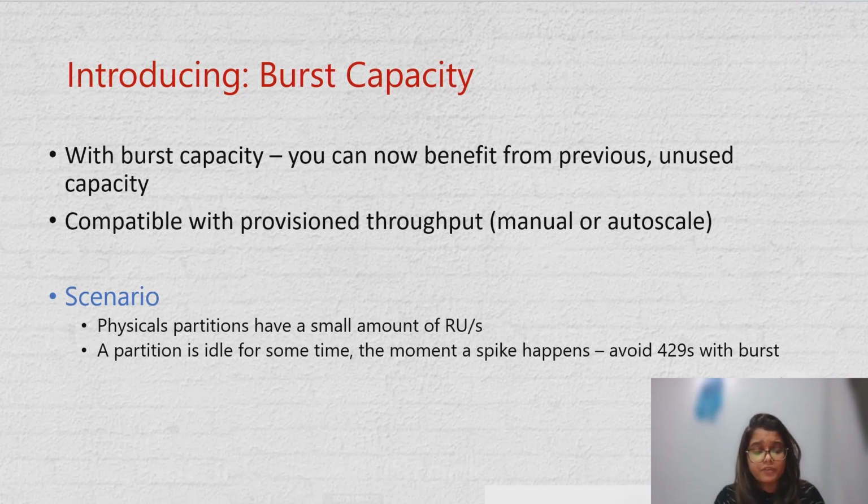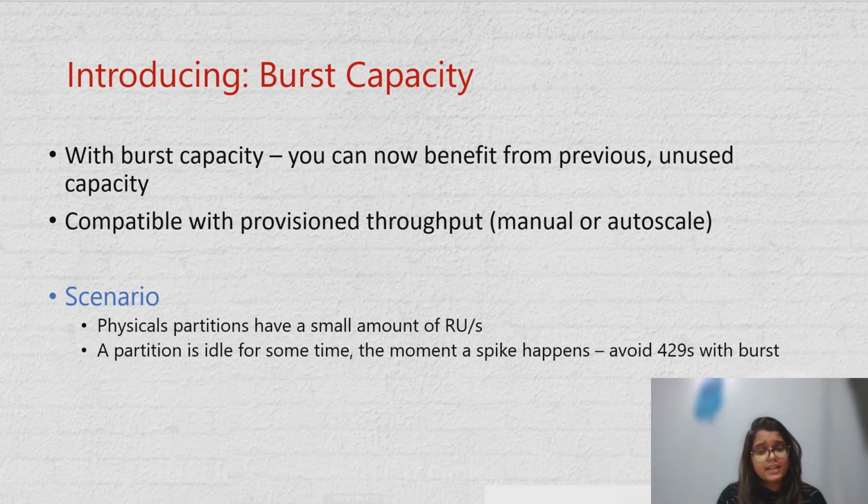So let's say you have configured 10K RUs for a container, and let's assume that your data is distributed among 5 physical partitions. Each physical partition will get 2000 RUs equally. So whenever a request comes to a physical partition, you can only consume up to a maximum of 2000 RUs at that particular moment.